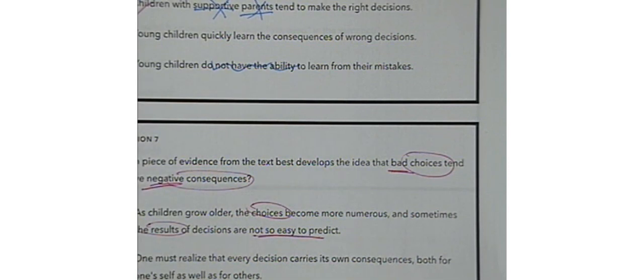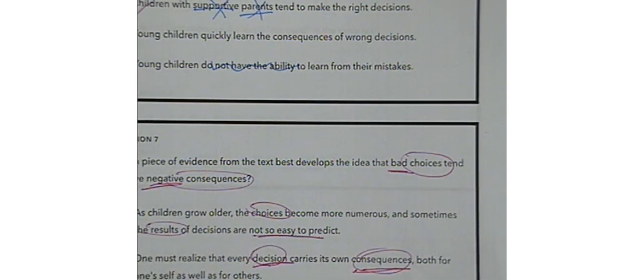B, one must realize that every decision carries its own consequences, both for oneself and for others. So here we have our decisions and our consequences. They may think that the choices are clear, go along with the crowd and be popular, or refuse and be unpopular. That doesn't mention that negative decisions can have negative consequences.